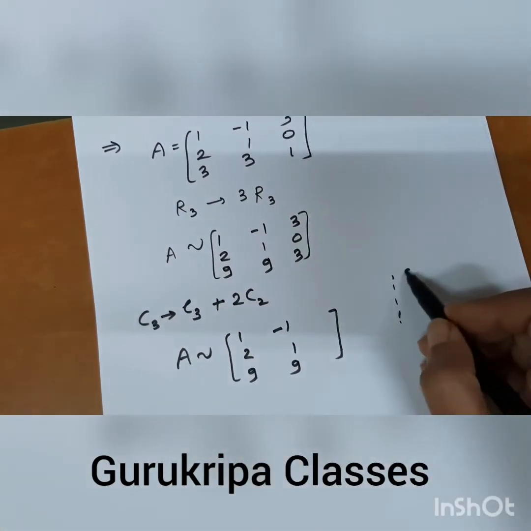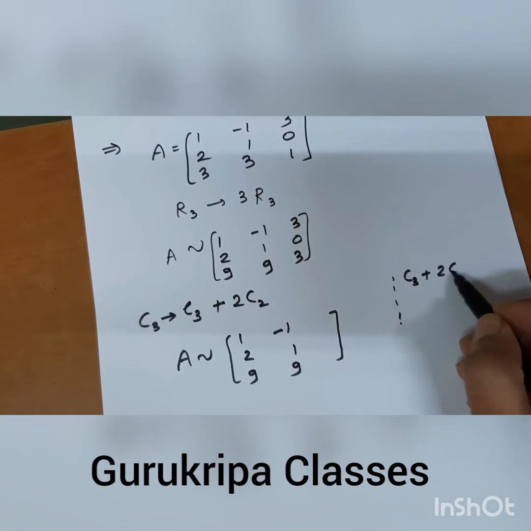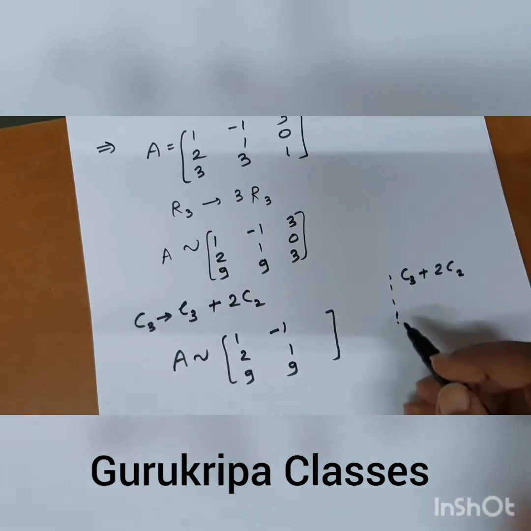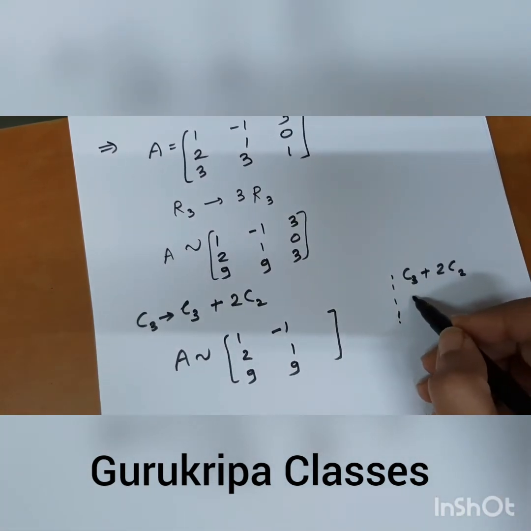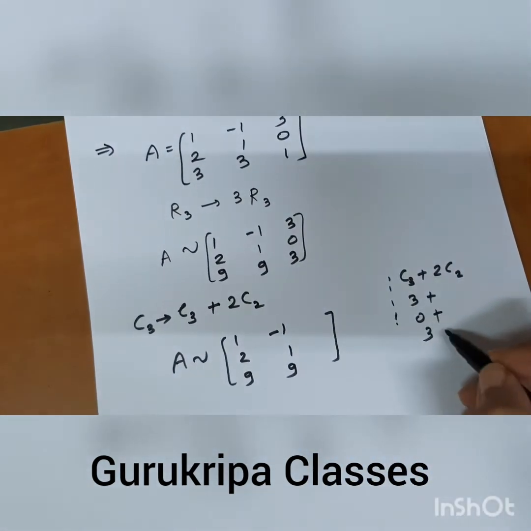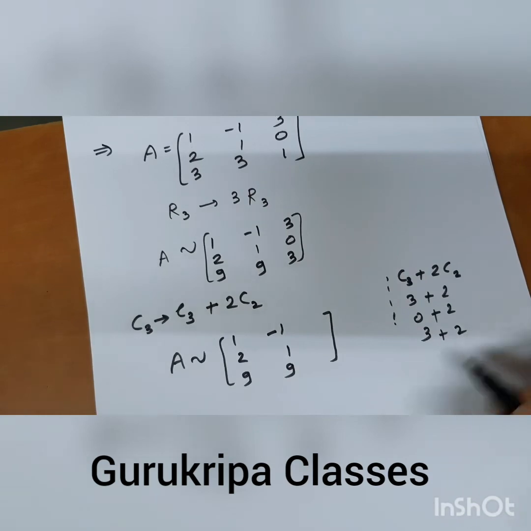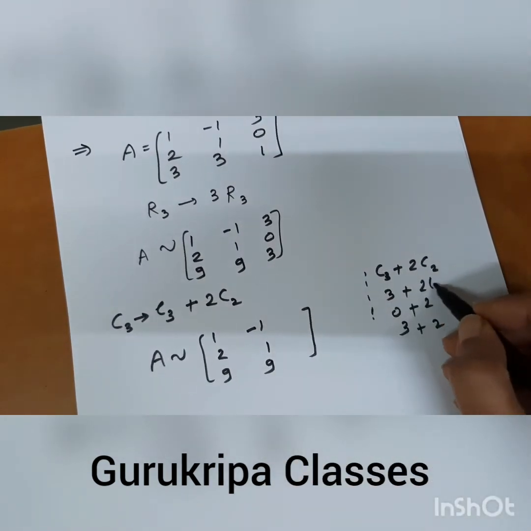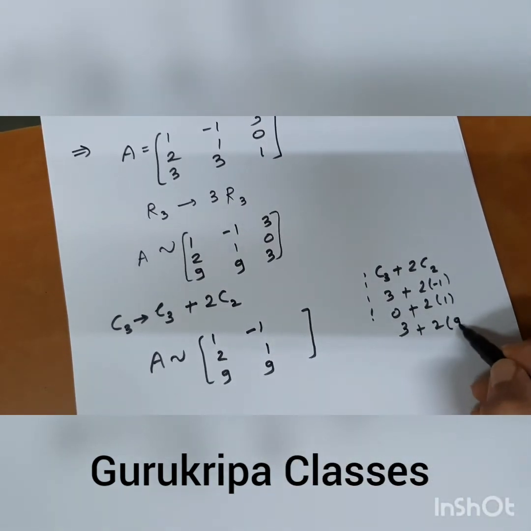I am doing here rough work. C3 plus 2C2. So what are the elements of C3 here? 3, 0, 3, plus 2 times the elements of C2: minus 1, 1, 9.